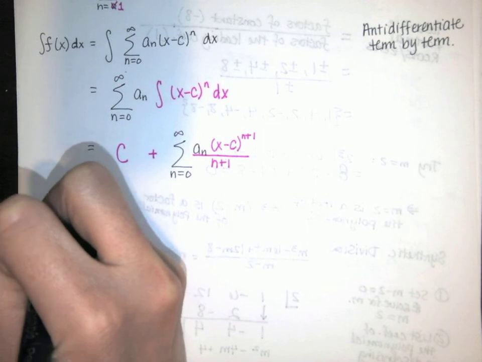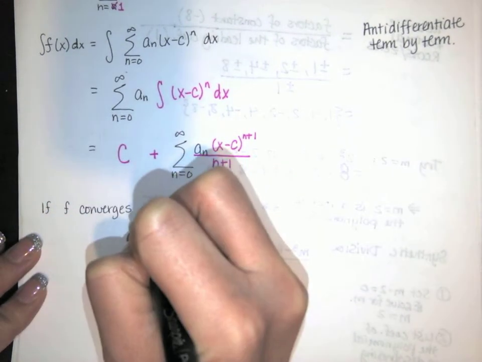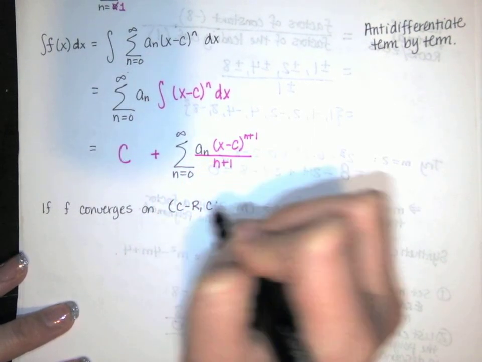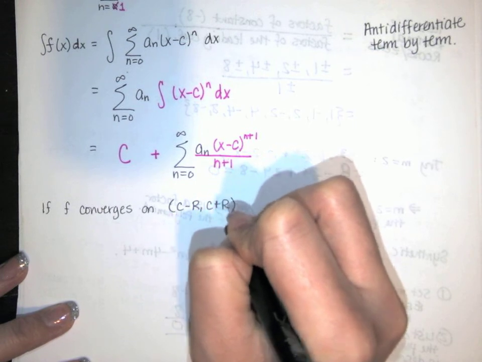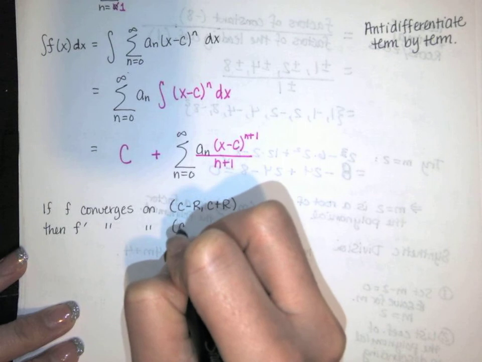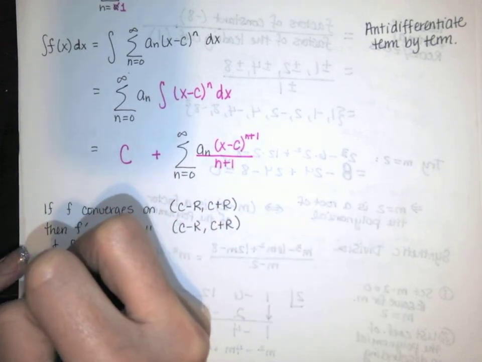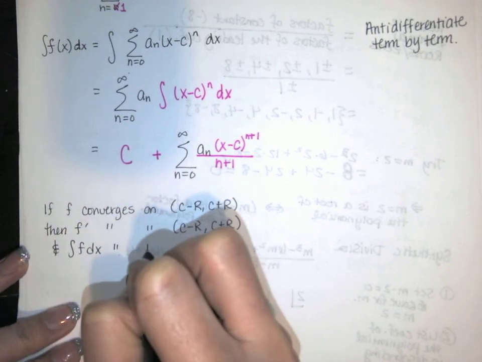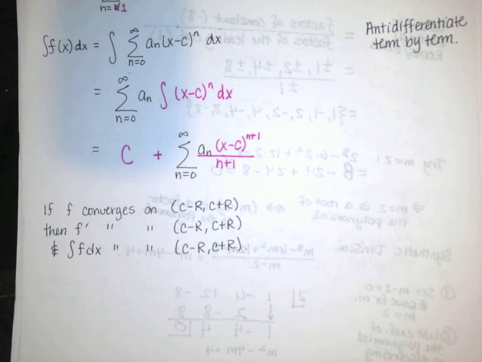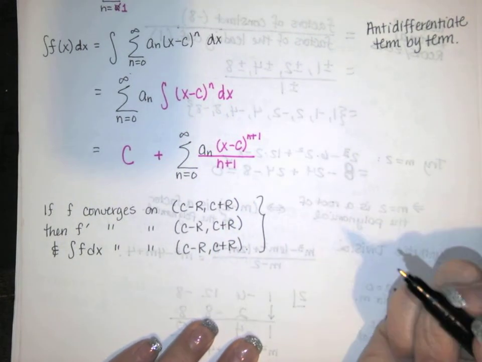It turns out if f converges on the interval c minus r to c plus r, then f prime converges on that interval as well, and the antiderivative of f converges on that interval as well. So f, f prime, and its antiderivative all have the same open interval of convergence.